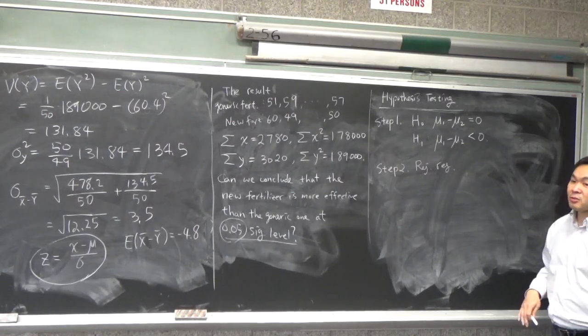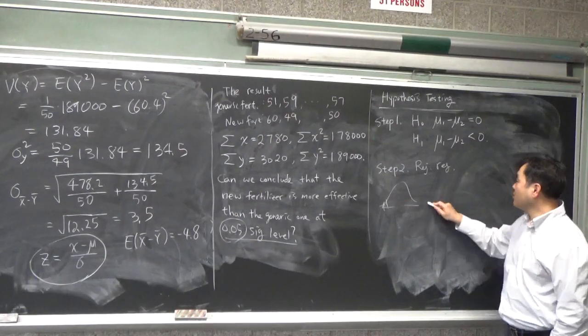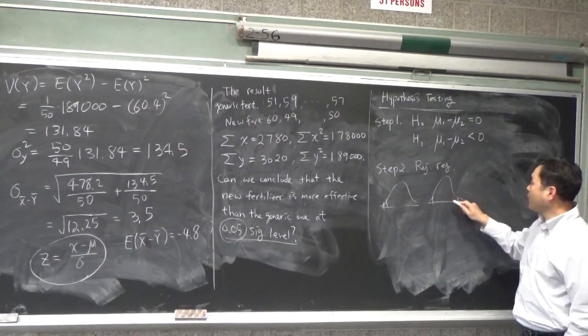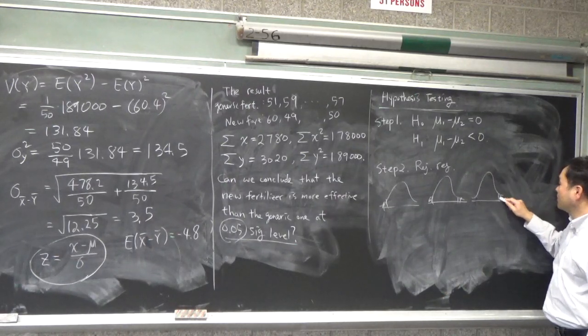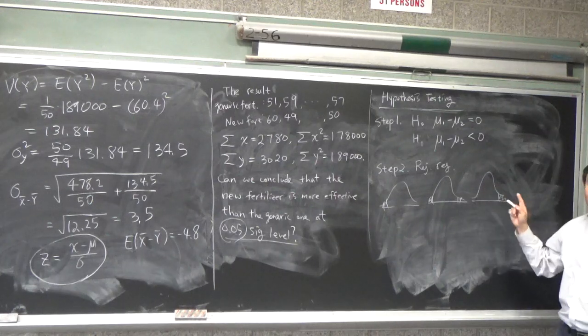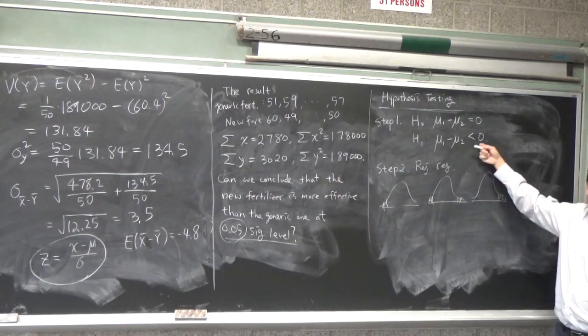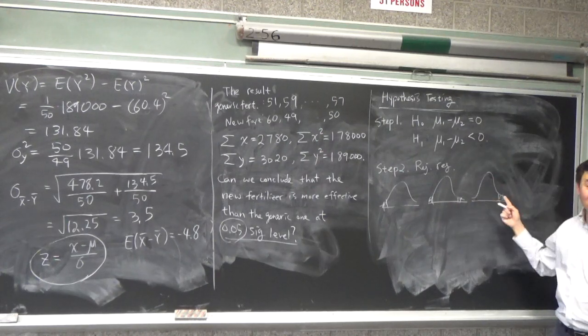But then there are 3 types: left tail, two-tailed, or right tail. Which one of the 3 is it? It depends on what the alternative hypothesis is.